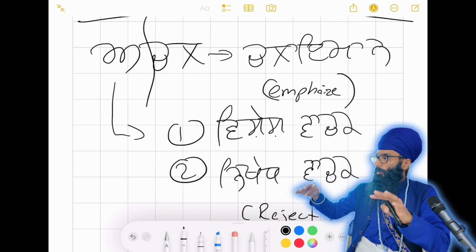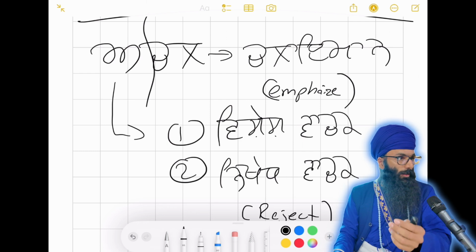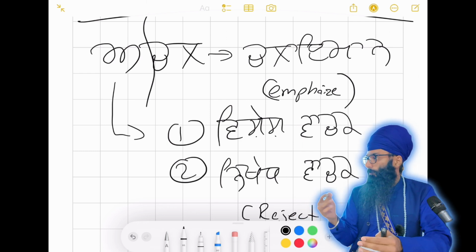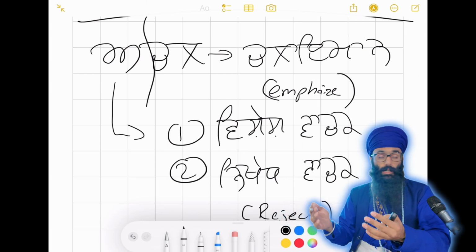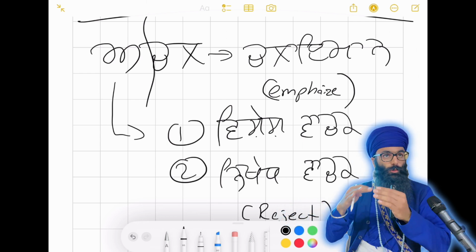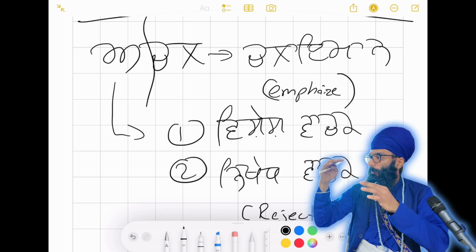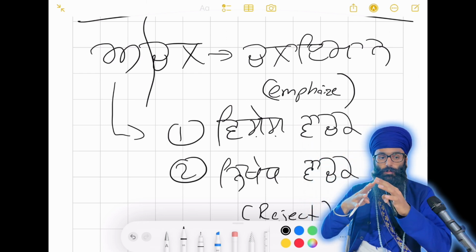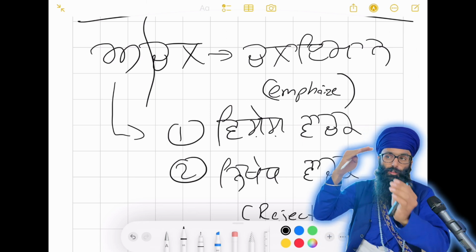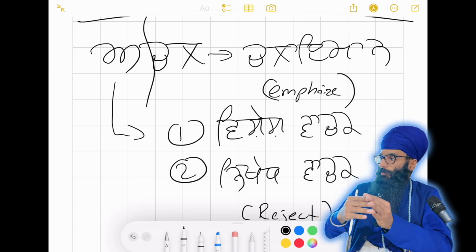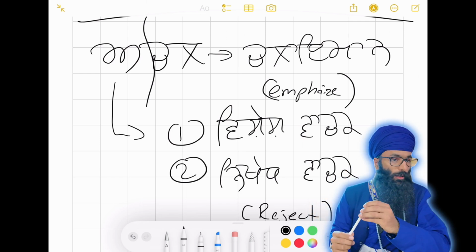Now what does Mool Mantra say? Mool Mantra says karta purakh, that the Paramatma does, or he does. So you can understand how other philosophies match or contradict Gurmat philosophy. Does that make sense? Okay, so Haji.